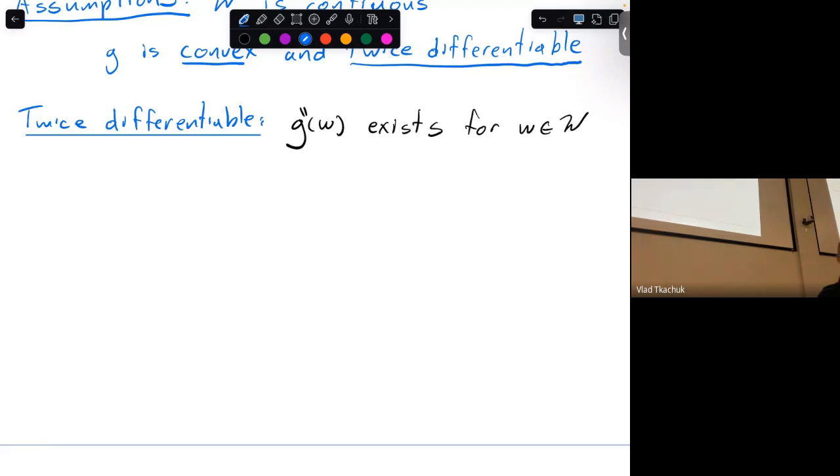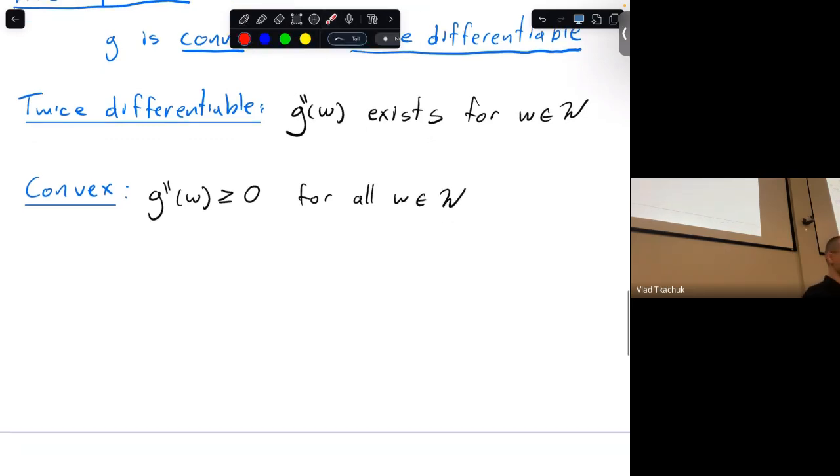And the other thing is, what does convexity mean? We've already seen this: convexity means you have this bowl-shaped thing. Most of the time, if you plot your function in 1D and you get a bowl-shaped thing, you're good to go. But formally, it's that the second derivative is greater than or equal to 0 for all W. Okay, so these are going to be the two assumptions.